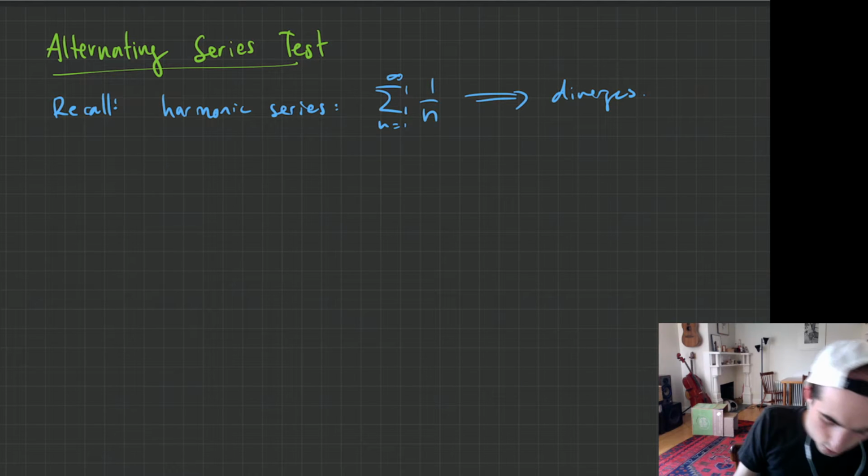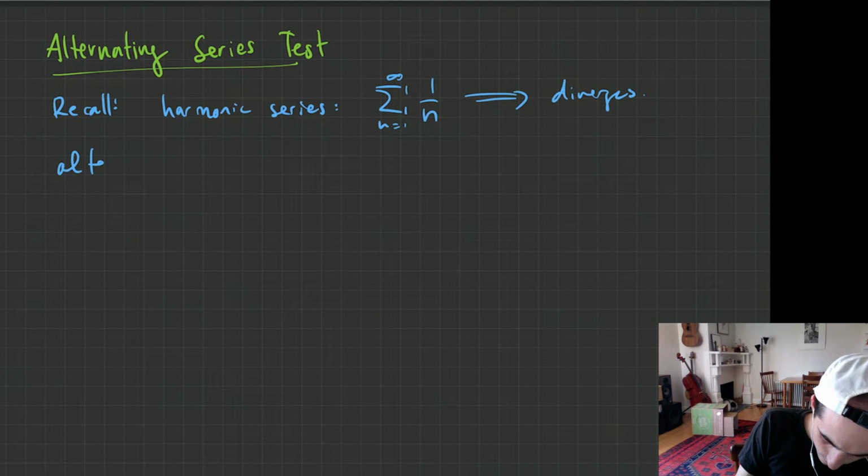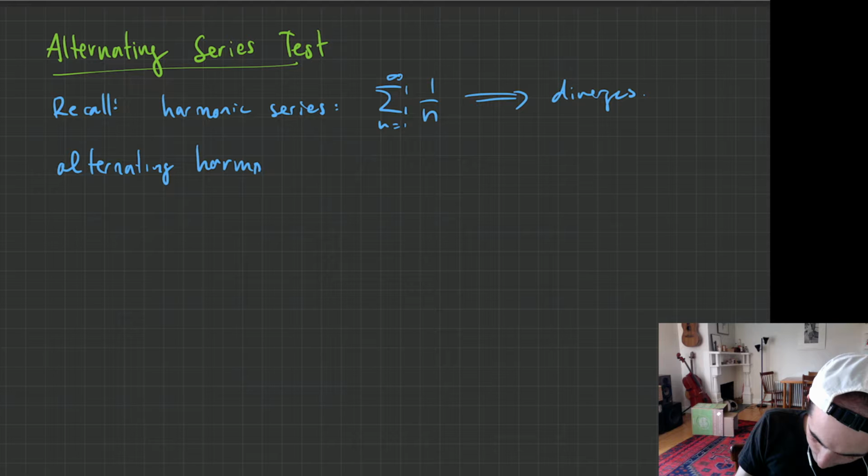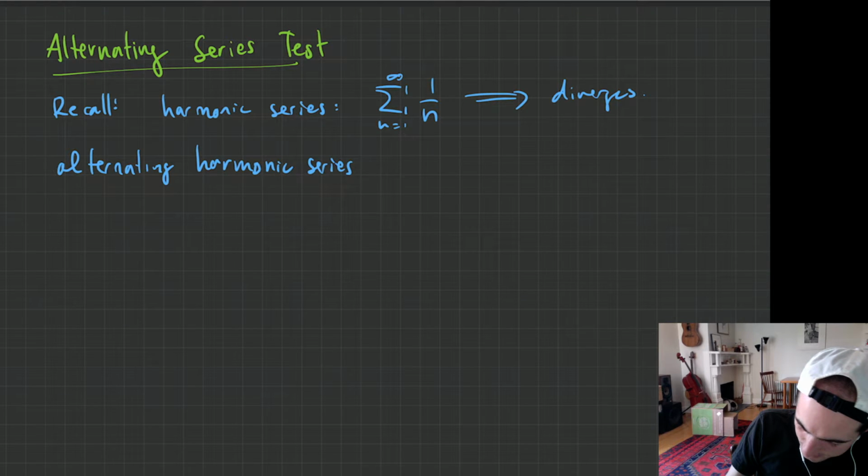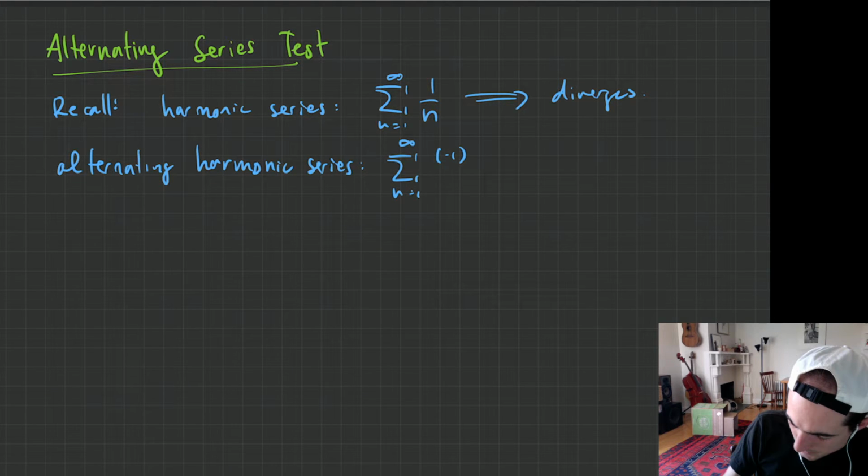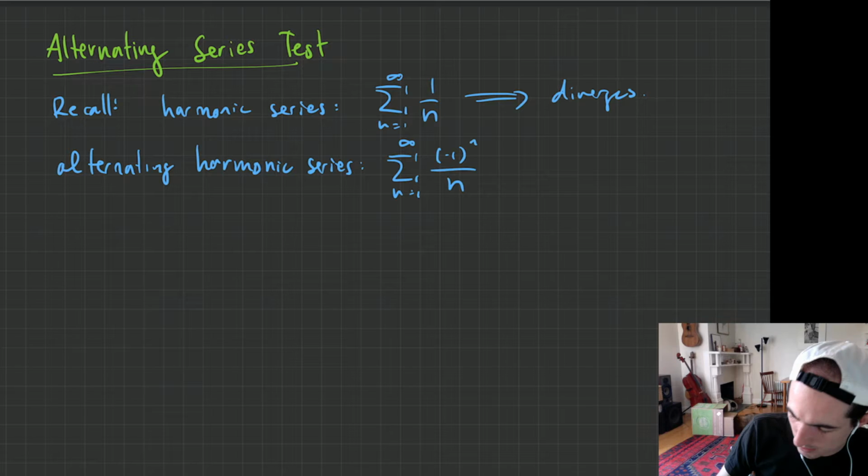The alternating harmonic series is this one: the sum from n equals 1 to infinity of negative 1 to the n over n, and this converges.